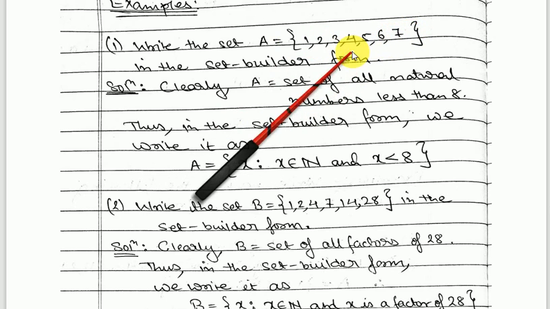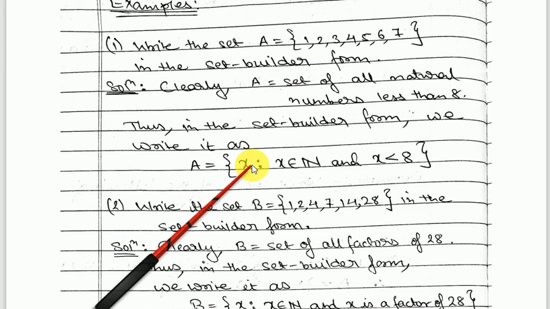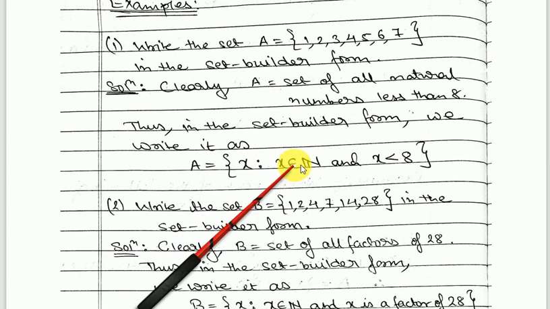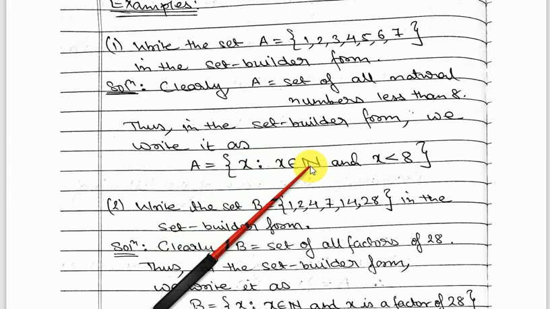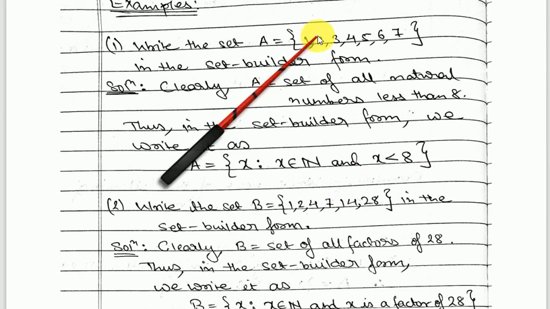So instead of writing them separately one by one, we can write A equal to {x such that x is a member of natural numbers and x is less than 8}.